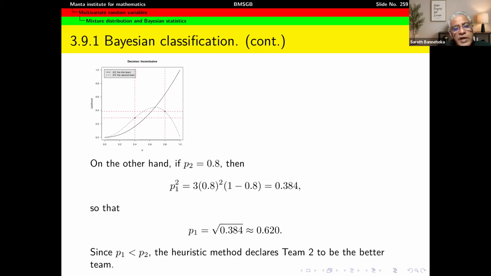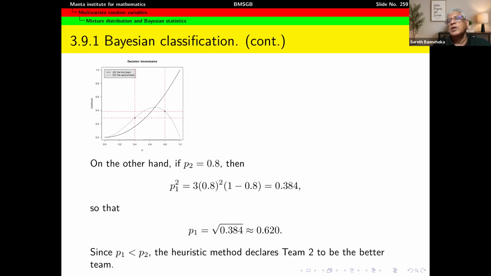So it is not true that for any P2, where the likelihoods are equal, P1 is always less than P2 or always greater than P2, right? The values of P1 and P2 where the likelihoods are equal depend on what value you consider as P2, and then P1 will be different.